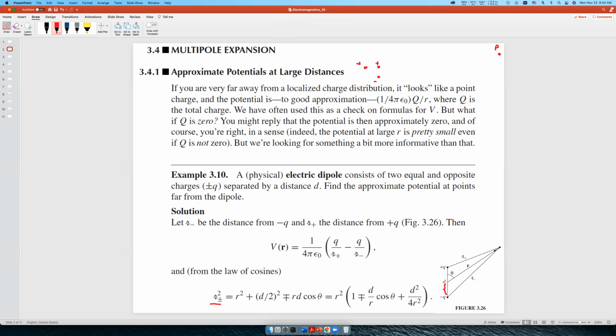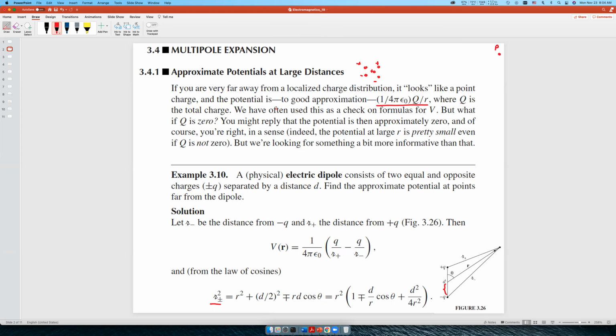Let's say you have a lot of charges distributed here and there, and they're far away, then a good approximation is a point charge, and then the potential could be calculated using Coulomb's equation. And here, r is the distance between your location that you're concerned with and the collection of the charges.